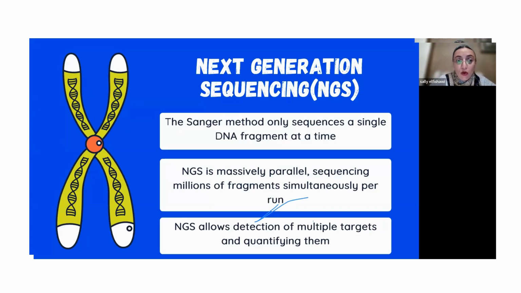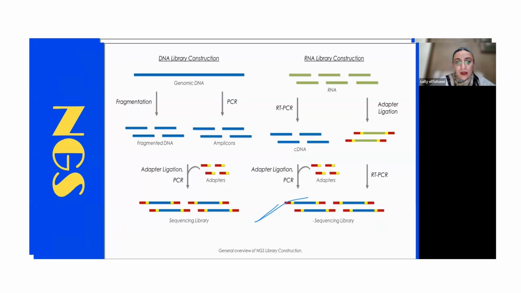And when I say target, I mean gene or mutation simultaneously per run with millions of fragments detected. So it allows for multiple target detection and quantification in relation to each other and in relation to a housekeeping gene or a normalized gene.